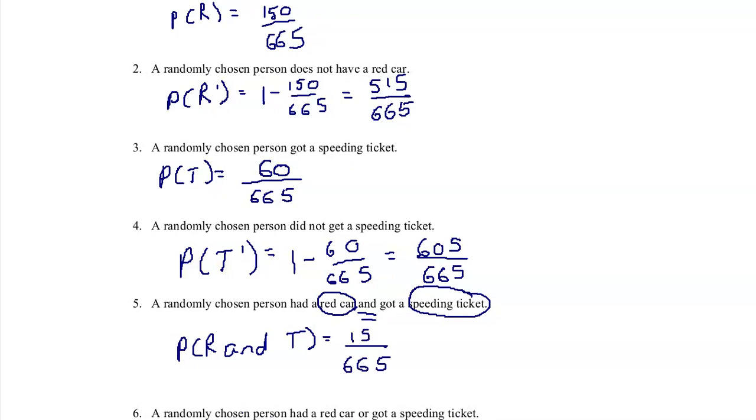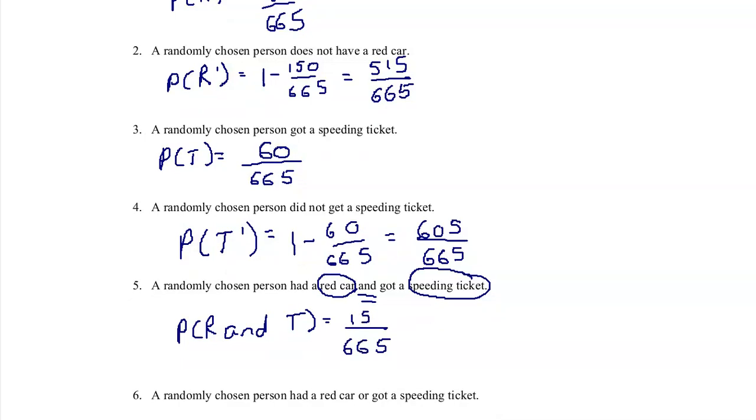Now, if we want the probability that a randomly chosen person had a red car or a speeding ticket, here we don't need our events to be independent to use our addition rule.